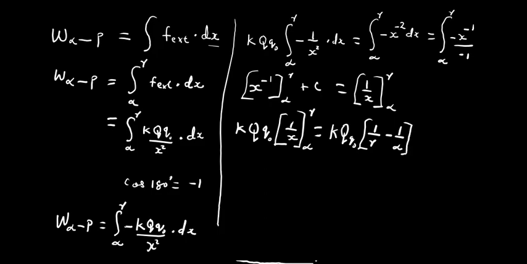Remember that 1 over infinity is 0. So this is 0. We now have it as kQq naught over r.